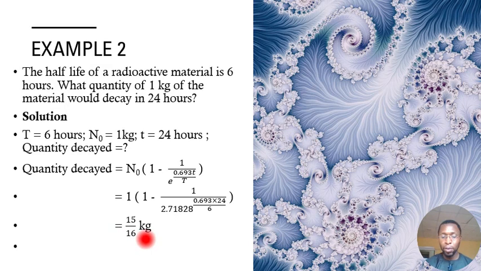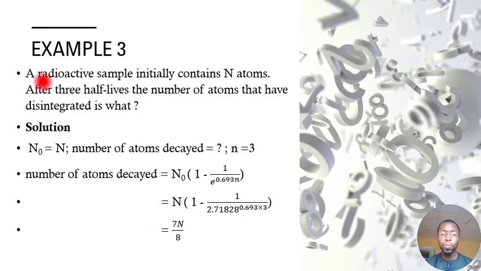All right. So moving on, another example. It says a radioactive sample initially contains N atoms. After 3 half-lives, the number of atoms that have disintegrated is what? Very simple too. Let's write our parameters out.